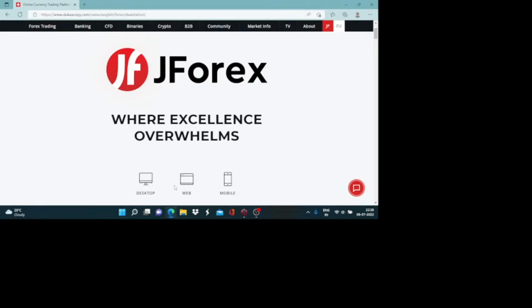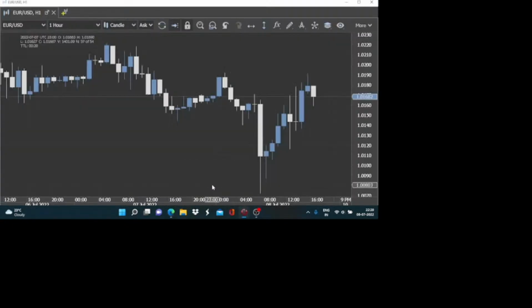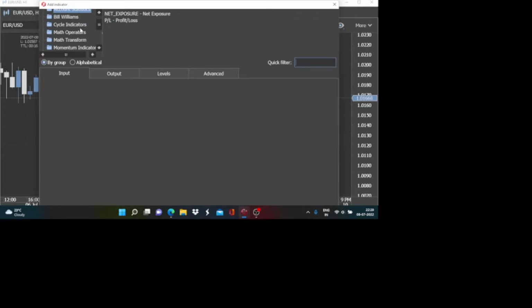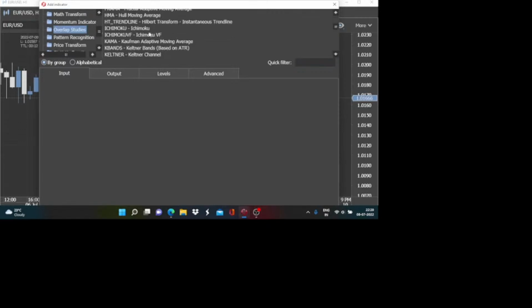So let us now head to the JForex platform, which has been developed by the Dukascopy Bank SA. Here you will find this indicator listed amongst the overlap studies, and there it will be the Kaufman adaptive moving average, KAMA.